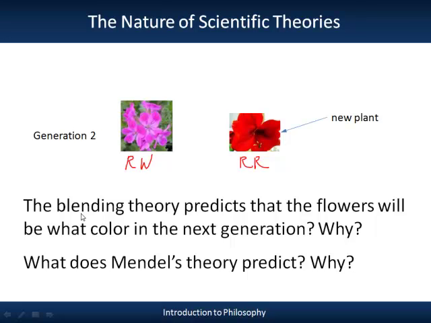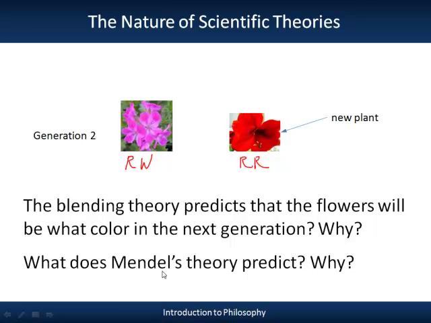But if you think about that description of the blending theory, you might be able to imagine yourself what it would predict we would find in the next generation. If the genetic material is like fluids, and we mix pink with red, those would make a darker pink. So that's what the blending theory would predict, that the offspring of these two plants, if they are bred, will have dark pink flowers.